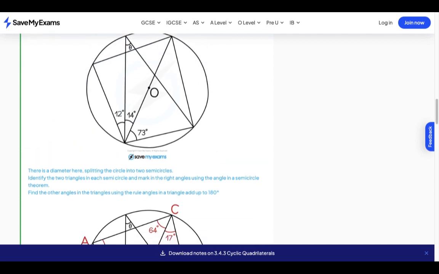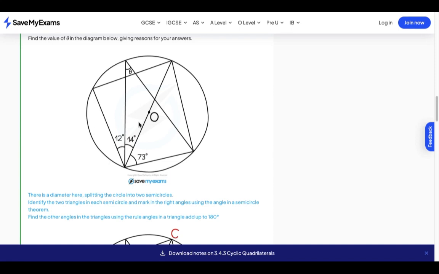Remember, this line is the diameter, and any angle on the circumference resting on this diameter is 90 degrees. This place is 90 degrees. So we can find this angle, because we know 12 and 14. If you add them together, you get 26. So 26 plus 90 gives 116.